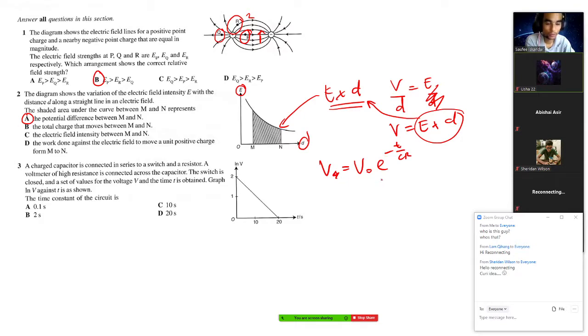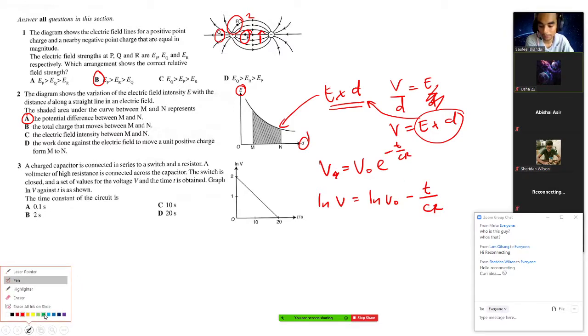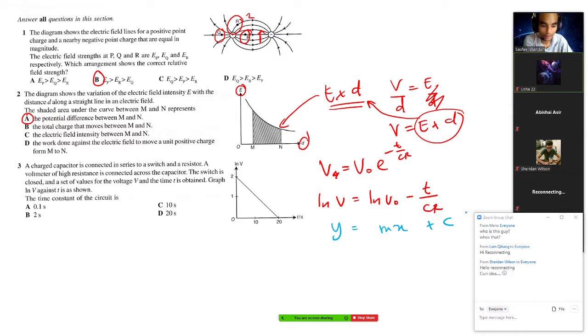If you take ln of both sides, you have ln V equals ln V naught minus T over CR. Compare with y equals mx plus c: c is ln V naught, and T will be the x. So m is the gradient of the graph.